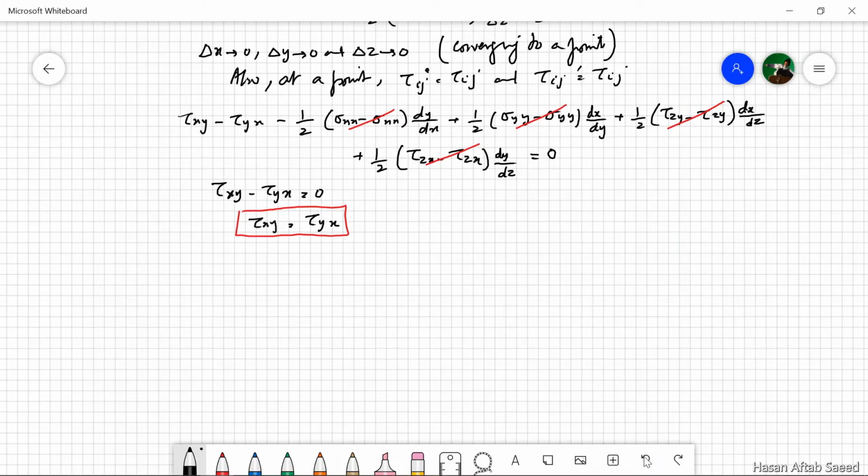Now, taking moments about the OX axis and about the OY axis, it can similarly be proved that tau yz is equal to tau zy and tau xz is equal to tau zx.